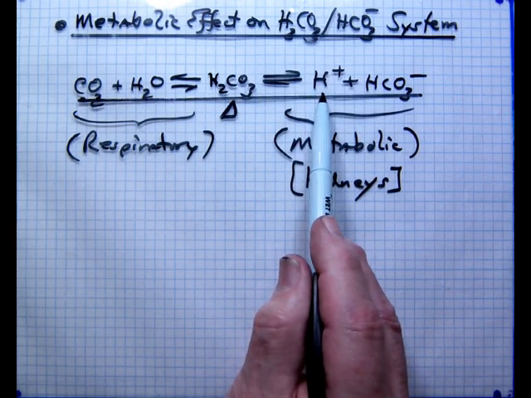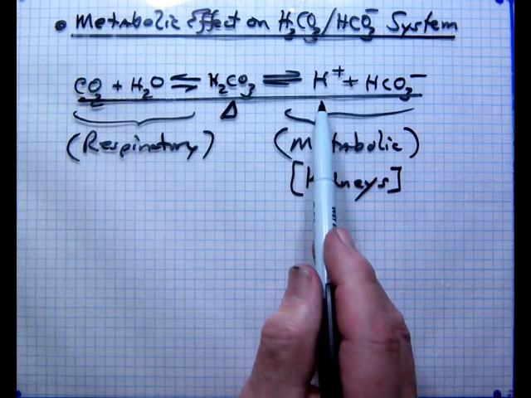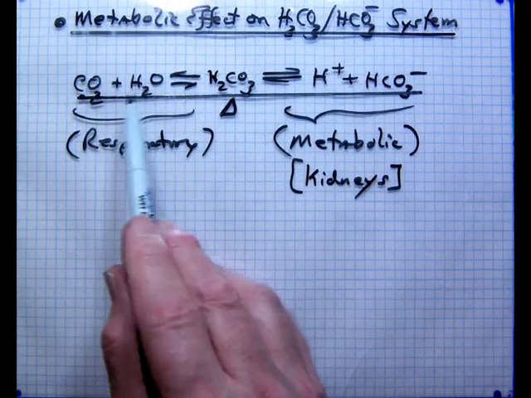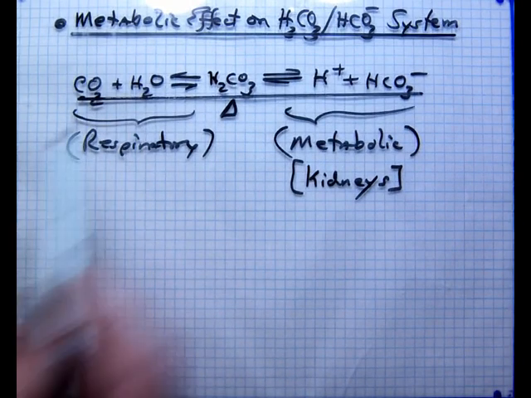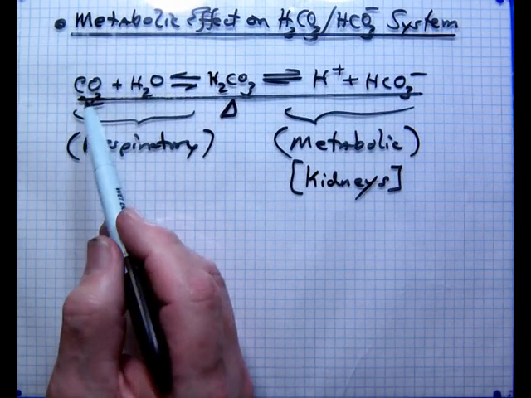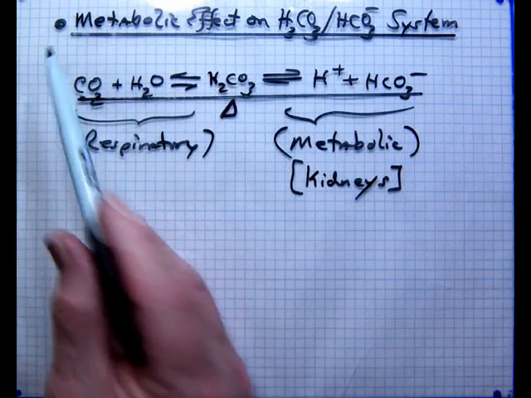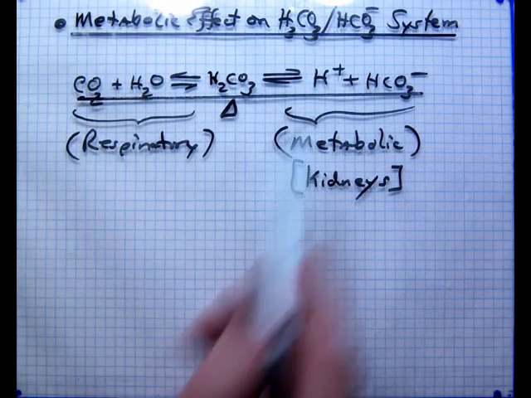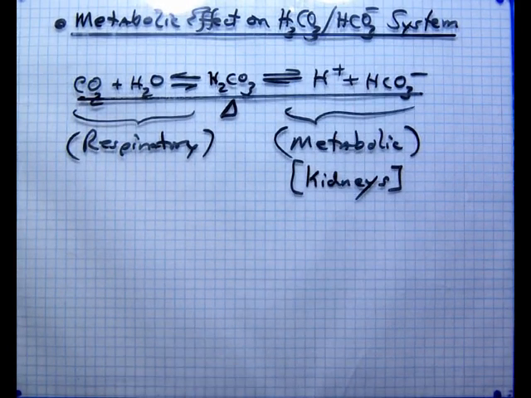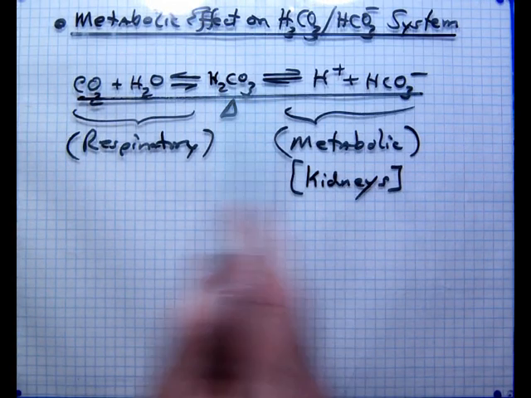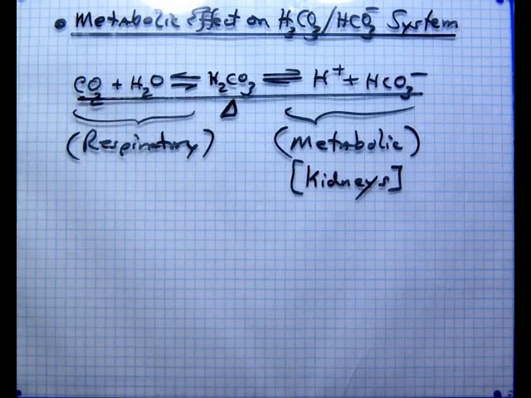In this case, you get a little help by a shift back toward the H2CO3 side, in which breathing can remove some of the acid, but if you have renal failure, you're not going to breathe out enough CO2 to cause enough shift of equilibrium to unload this excess hydrogen.